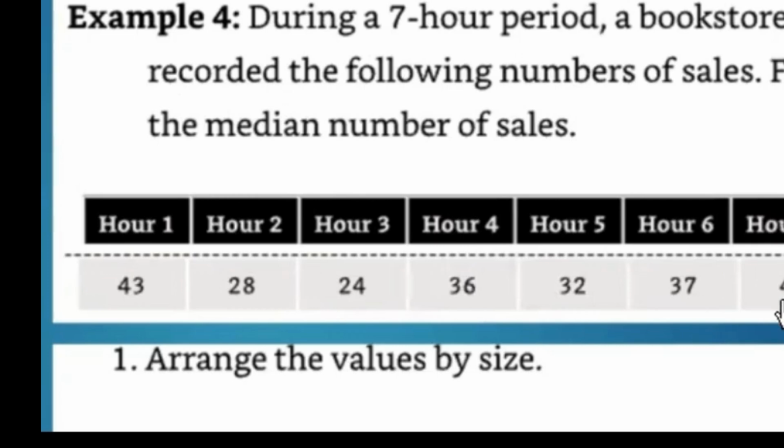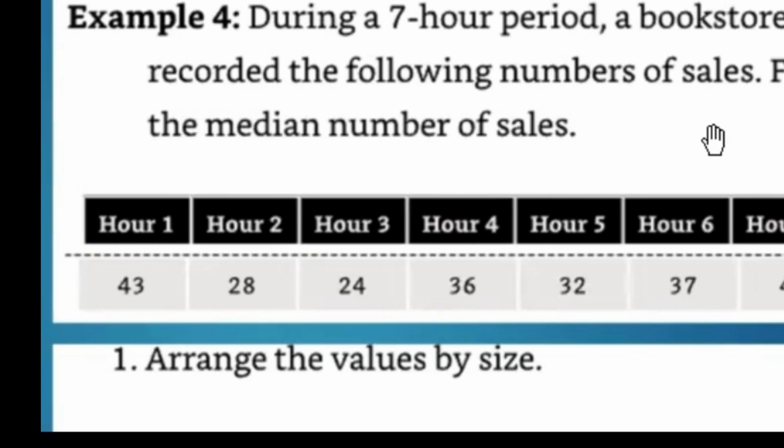And now, let's say your store's regional manager calls you and asks, what's the median number of sales that you made today? Well, you've written down the number of sales per hour.